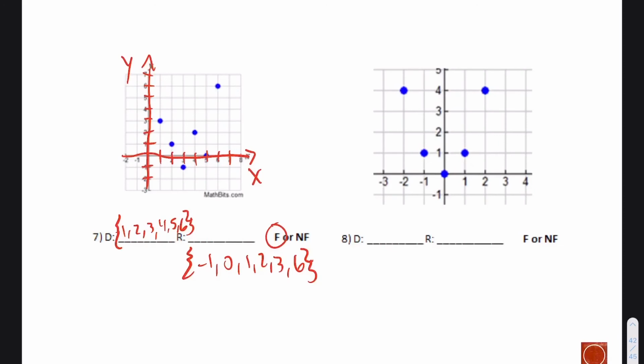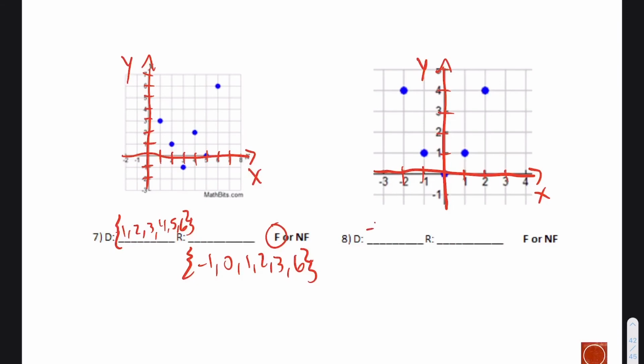In the second graph, our left X is the number -2, and our right X is the number +2, and we're just going to count in between those.